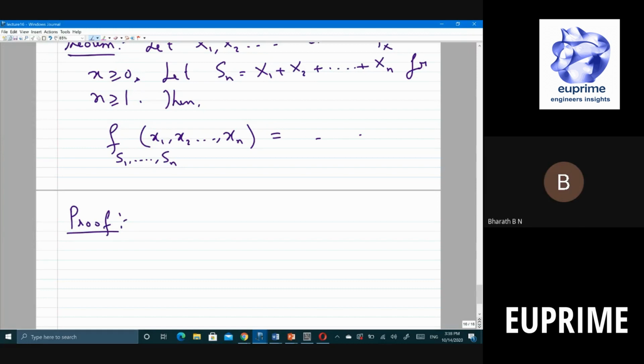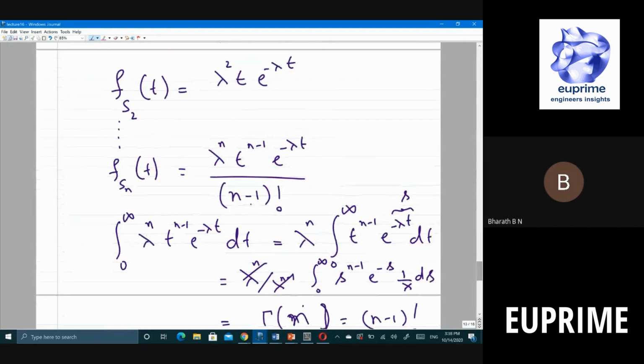Okay. So now, how do you show that this is the one, f_{S_n}? Yes. Continuous convolutions. Yeah, you do this, right?